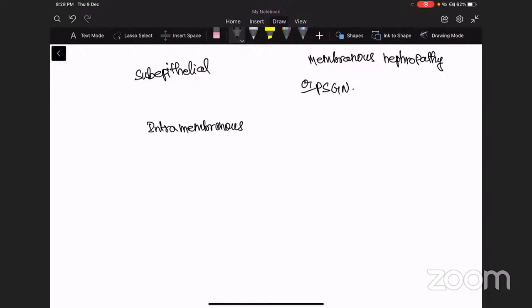Intramembranous is seen with dense deposit disease, also called membranoproliferative glomerulonephritis type 2.